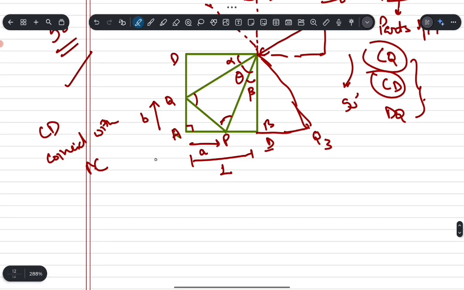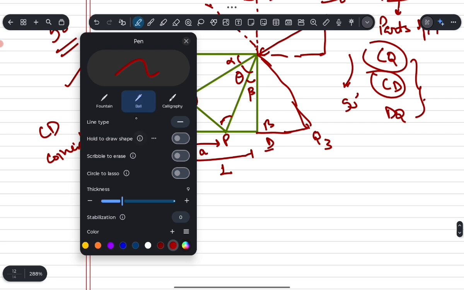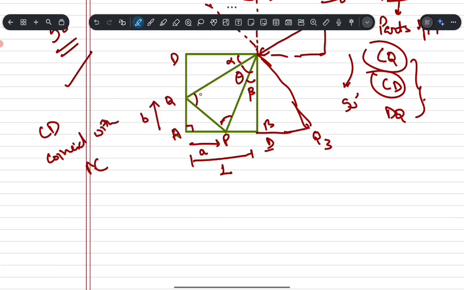Now, let me just change the color. I want you to look at two triangles. I want you to look at this triangle, this, and this. What are we calling them? CQP and CPQ3.